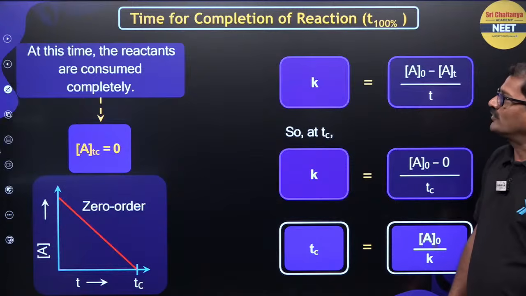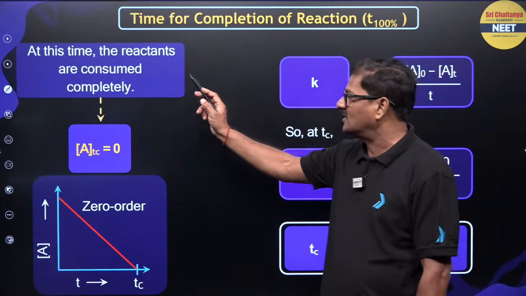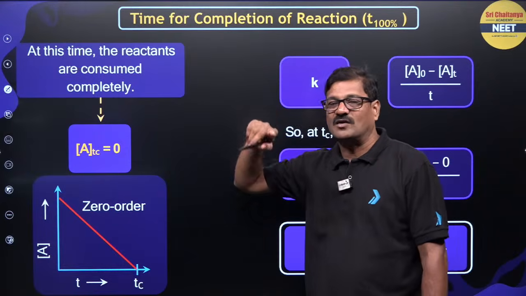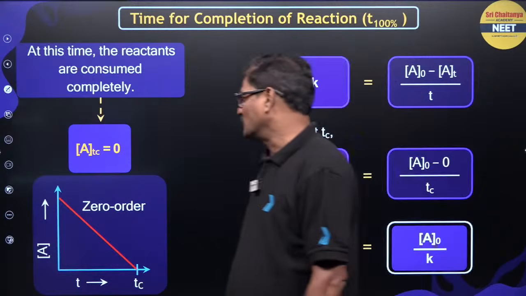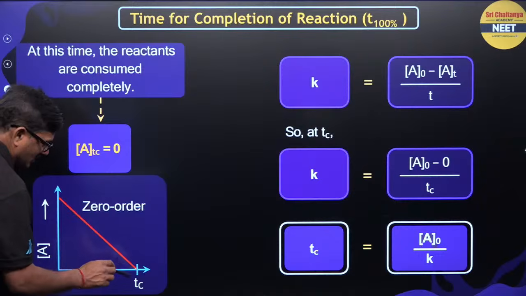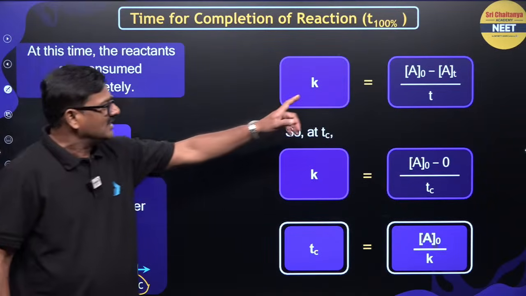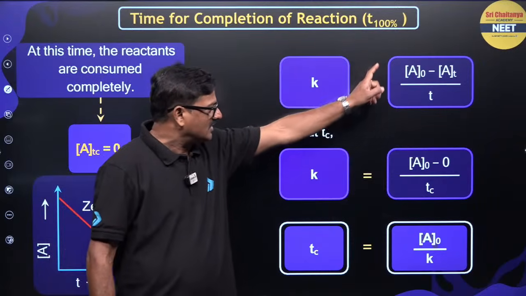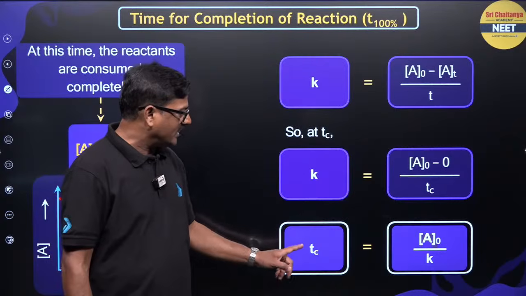For a zero order, the time at which the reactants are consumed completely is called the time required to complete the reaction. So for a zero order, A naught becomes 0 at this time for completion. So how to take this time for completion? AT becomes 0, that is going to be A naught by K is equal to time for completion.